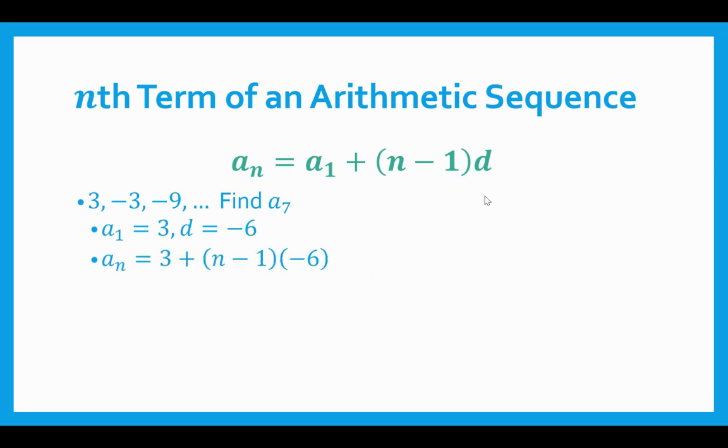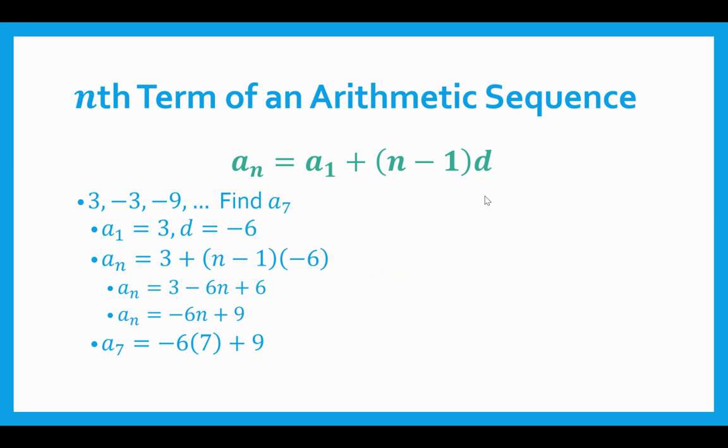So this is the general formula. And when we punch in N as a 7, we get 3 plus -6N plus 6. And we can calculate that all the way down. A7, the 7th term in the sequence, is -6 times 7 plus 9.